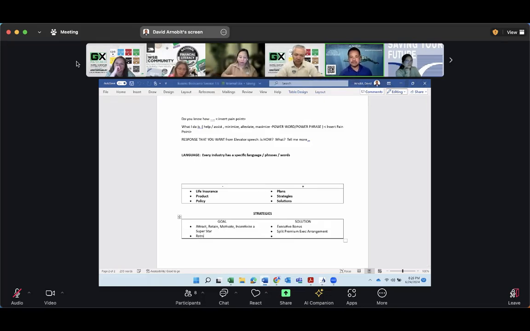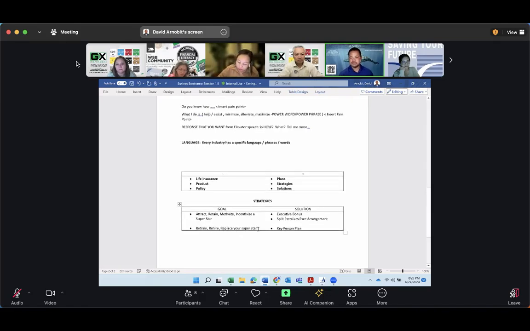So if the goal is to retrain, rehire, replace your superstar or somebody crucial to the business, then what you're looking at is a key person plan. And both of them make sense.